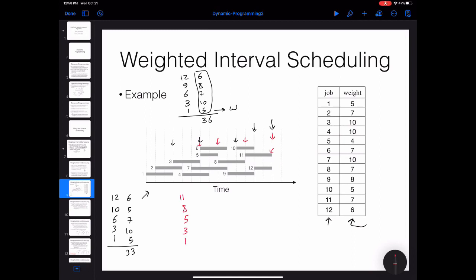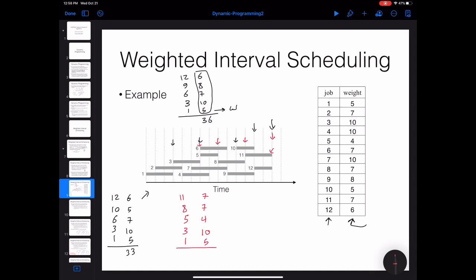Okay, so let's look at the cost associated with the jobs that the algorithm gave me. 7 for job 11, 7 for job 8, 4 for job 5, 10 for 3, and 5 for 1.